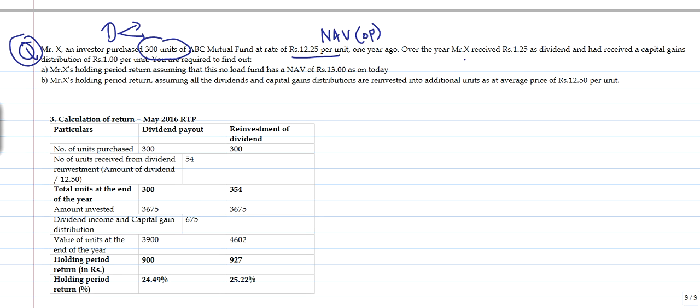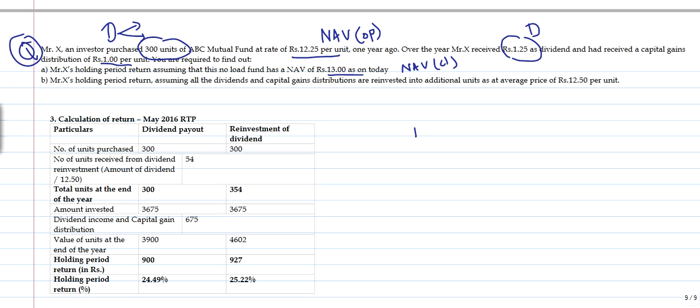Over the year, Mr. X received dividend as income, and a capital gain of 1 per unit. You are required to find out Mr. X's holding period return, assuming a no-load fund with a NAV of 13. So this is the closing NAV.